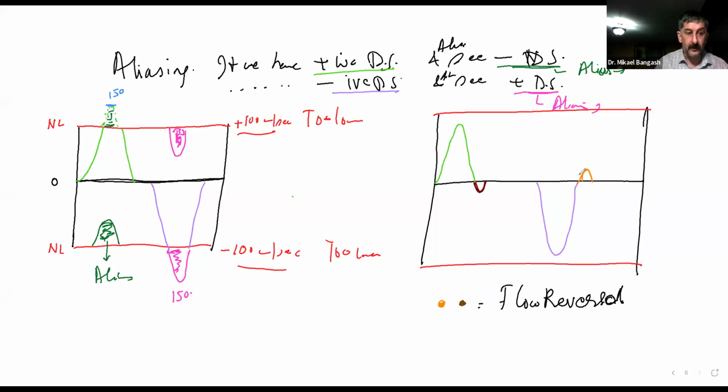But when you compare it to aliasing, we had a positive Doppler shift with this negative Doppler shift here, right? Clear, guys?